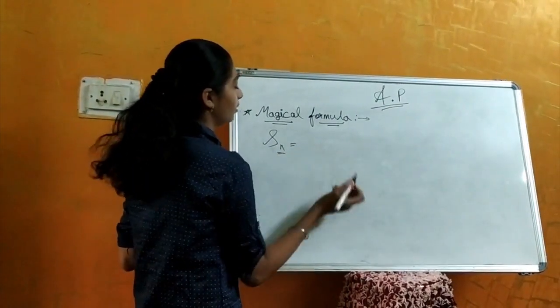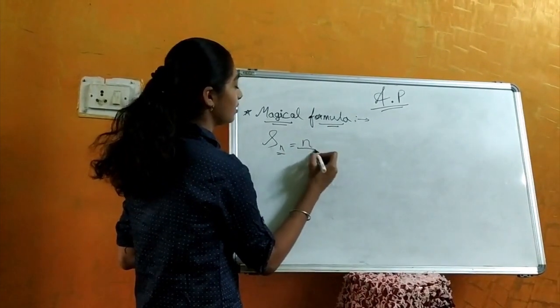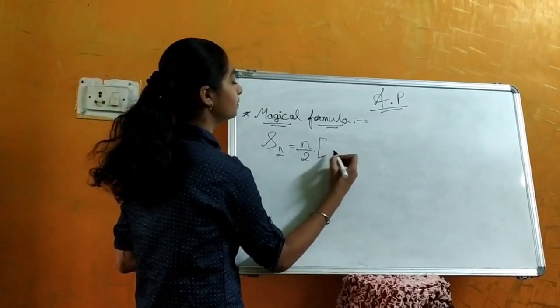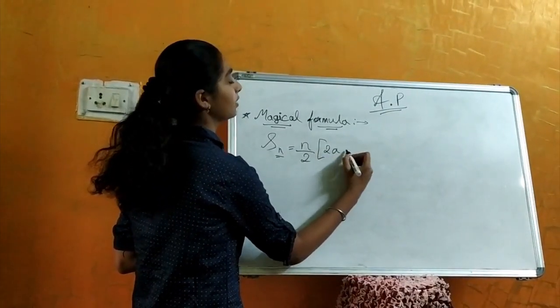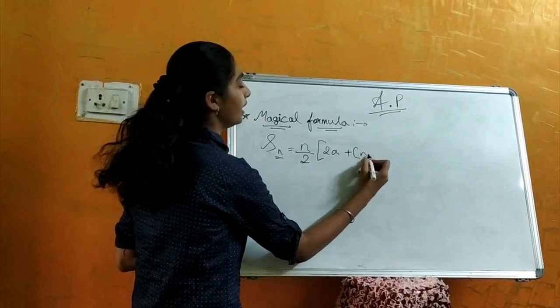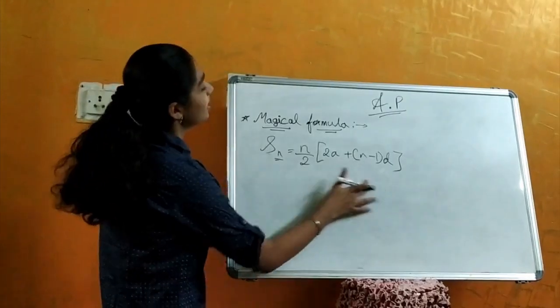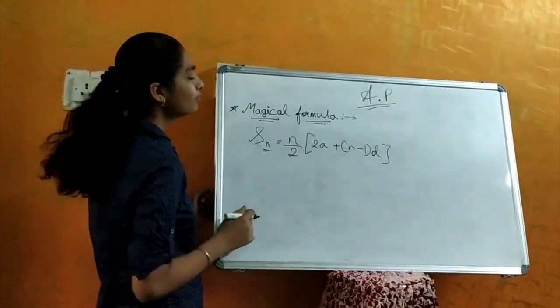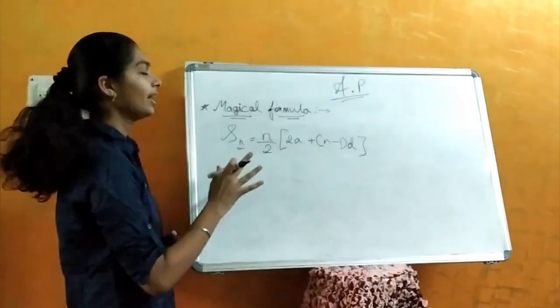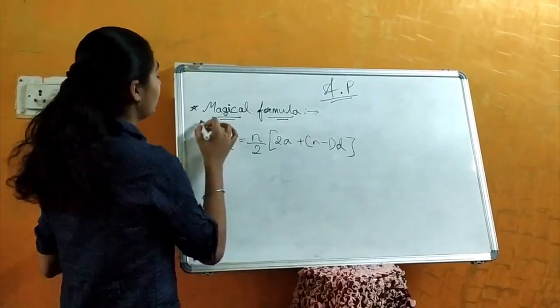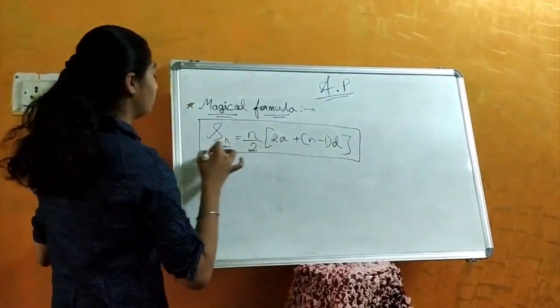It is actually like this: n upon 2 into 2a plus n minus 1 into d. This is the formula. Now you might be thinking, what is this? Yes, this is a formula. This is the second magical formula.